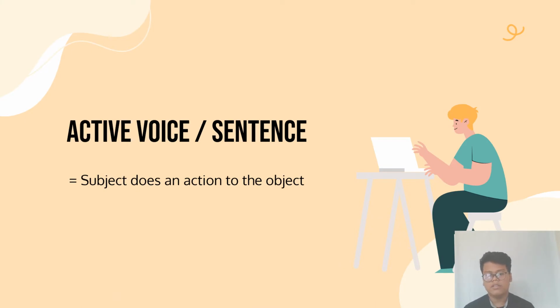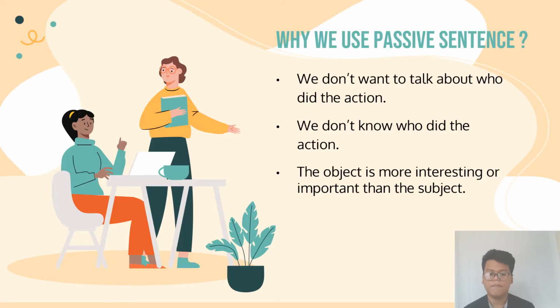Next, as I showed earlier, an active sentence is when the subject does an action to the object, while in the passive sentence the object is the focus. What happened to the object? But do you know why we use passive sentences in our daily life? Yes, there are several reasons.